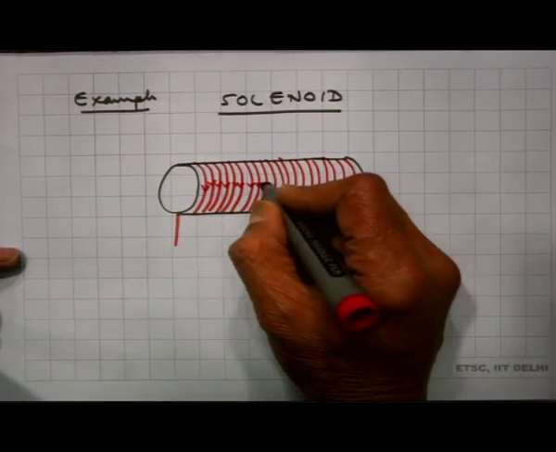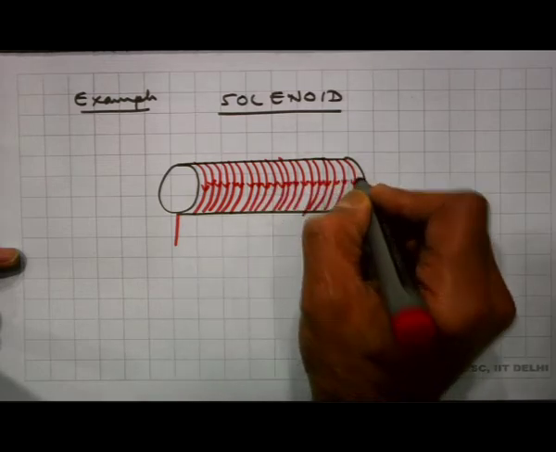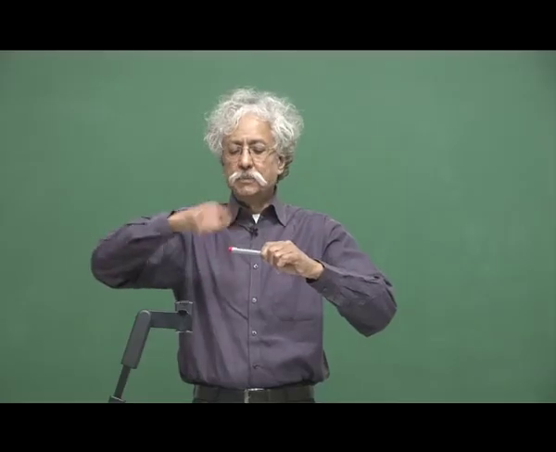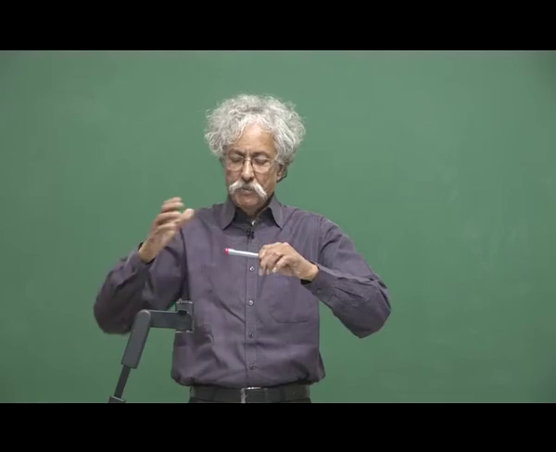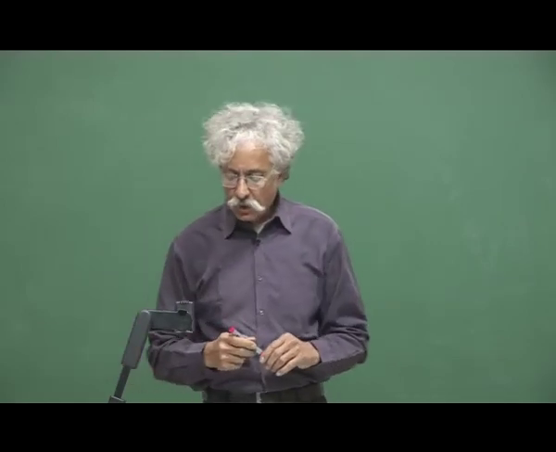Equal current is passing through all the wires. So, I take a long wire and wrap it around a cylinder, very closely and tightly wound, and this is called a solenoid.